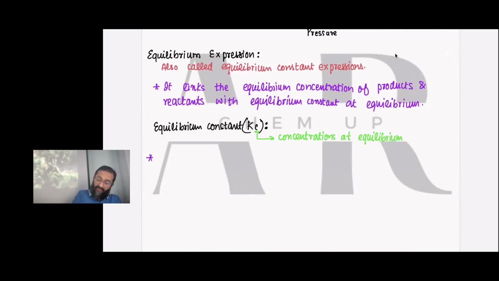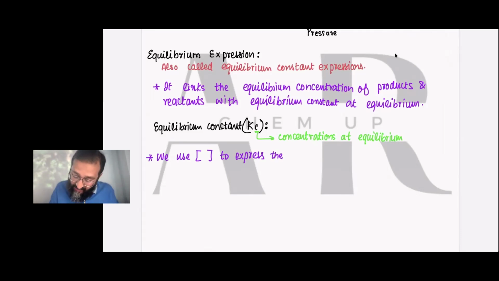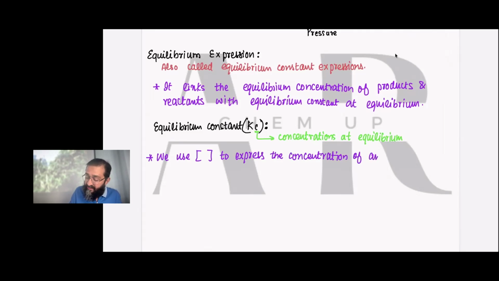Now, further, we use square brackets. What is the purpose of a square bracket? Does anyone know? To express the concentration of any reactant or product.